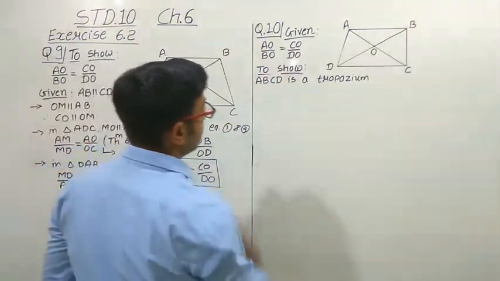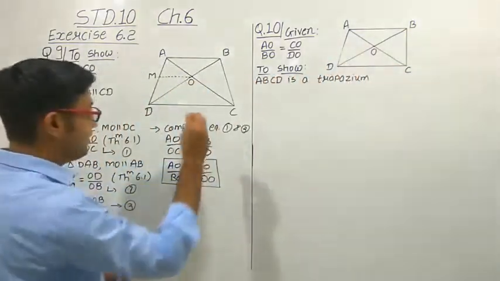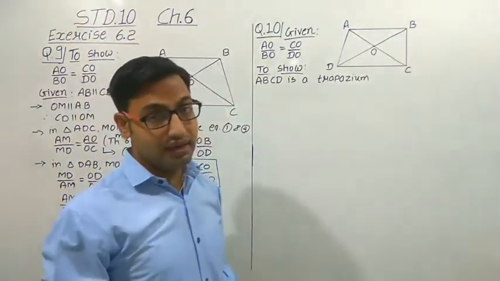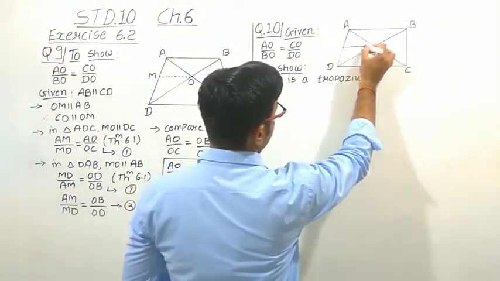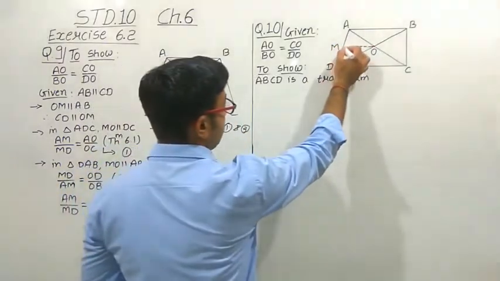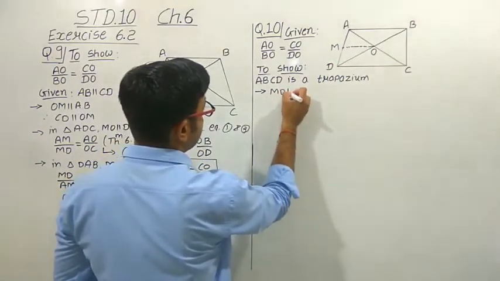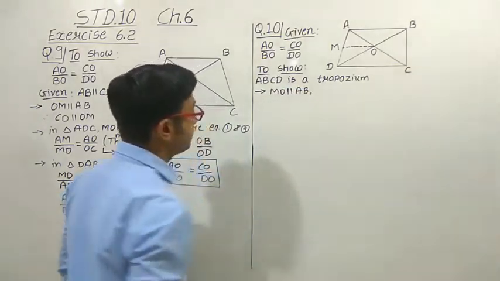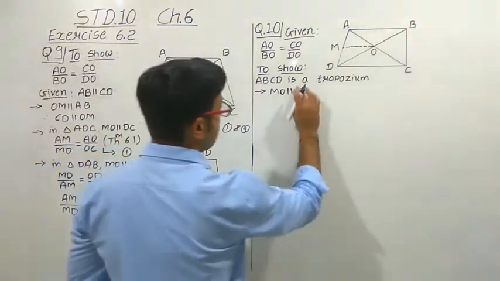So here also, to apply either theorem 6.1 or theorem 6.2, we must have two lines which are parallel in a triangle. So here also we will draw one line MO, which intersects AD at a point M. So now we have drawn MO parallel to, let us take, BC.